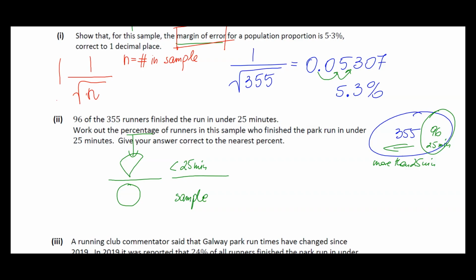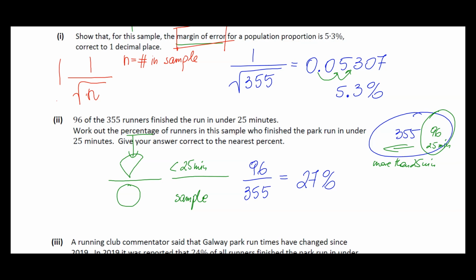So the number of people is 96, and then all of the people in the sample, 355. When we put that in the calculator, we press equal, we get a decimal, and the decimal we change to a percentage, and to the nearest percent, we get 27%.